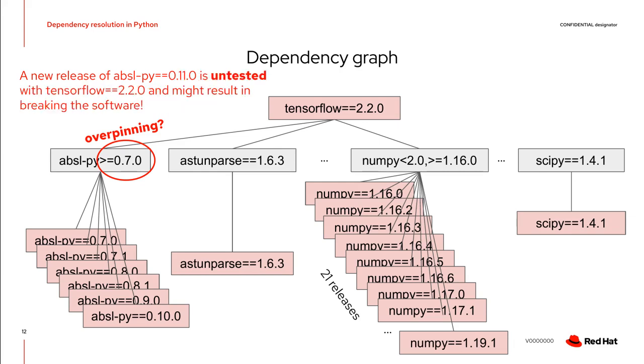The same can apply even if there is a new minor release. In that case, this software is again untested with TensorFlow, considering TensorFlow has a good test suite. So again, we can end up with broken software, and there is just a new release of one single library in the whole dependency graph.